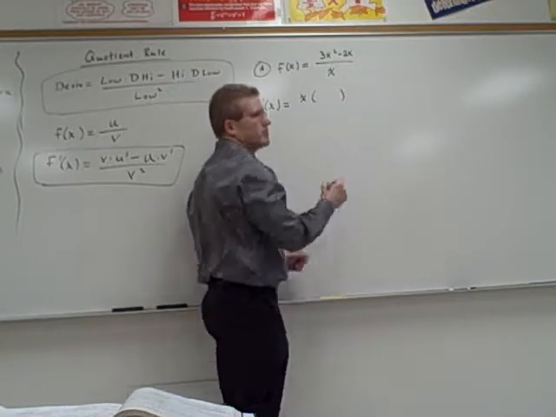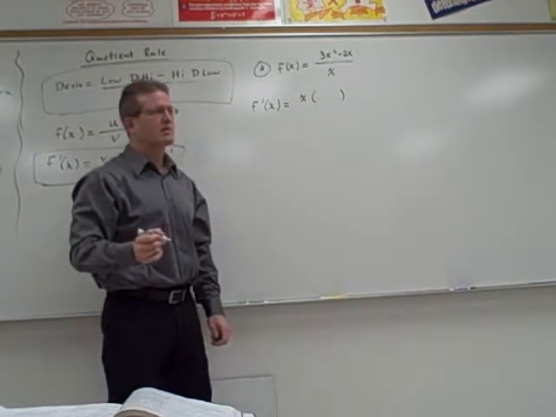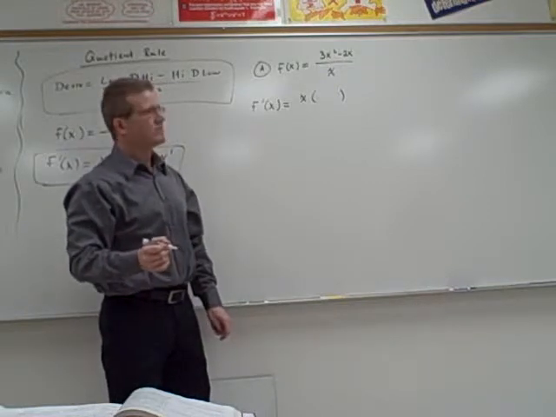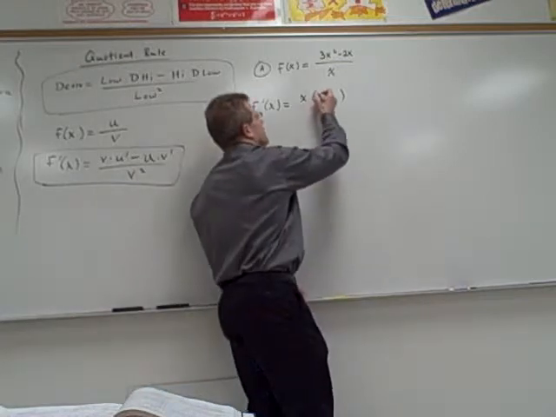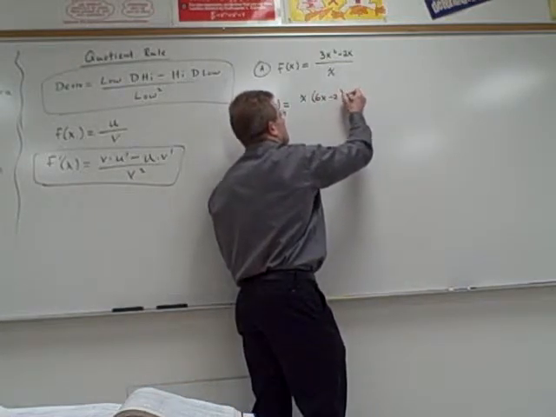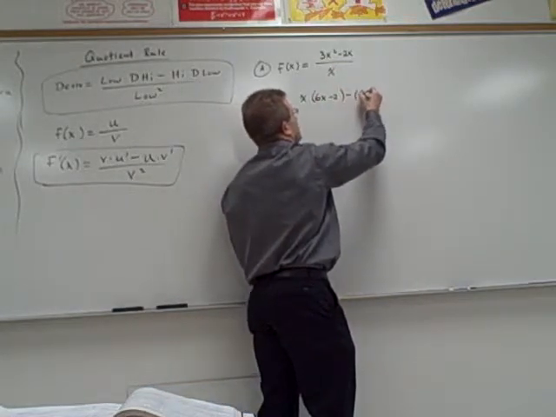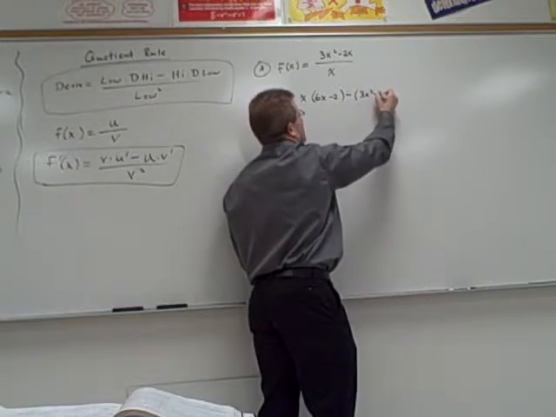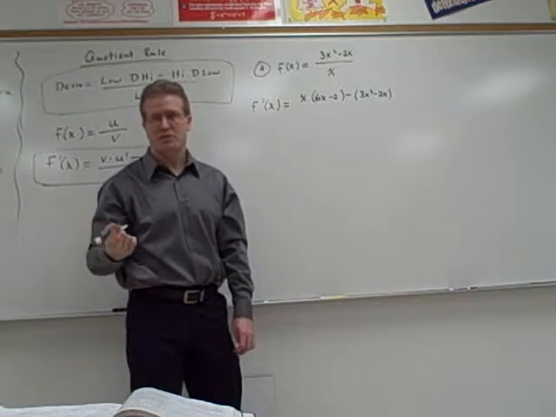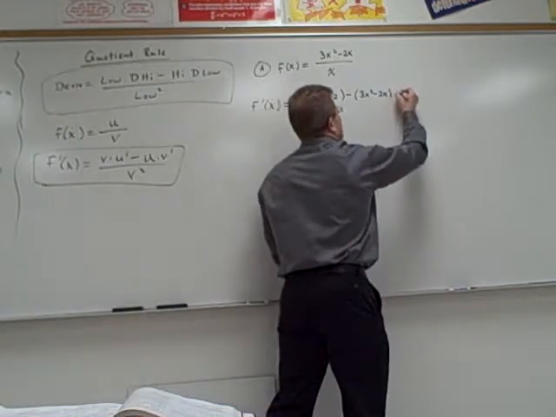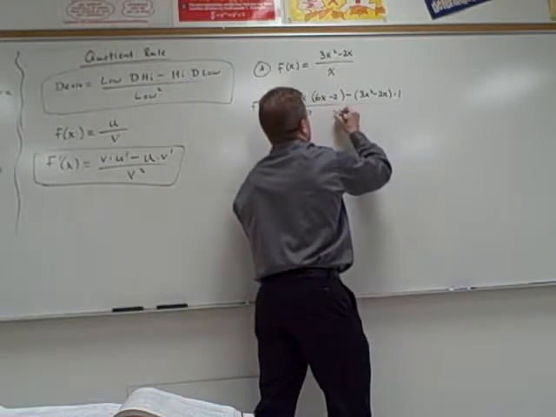D high would be the derivative of the numerator. What would that be? 6x minus 2. 6x minus 2, yeah. Minus high, which is the numerator, 3x squared minus 2x. D low, the derivative of x would be 1, good, over low squared.